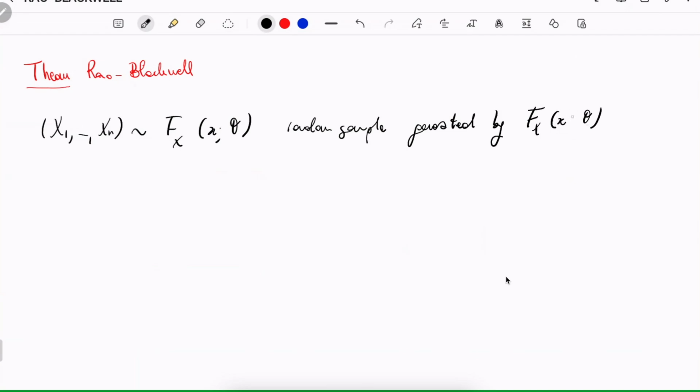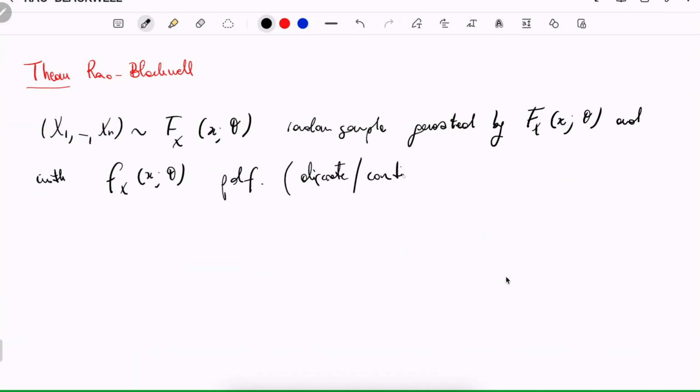CDF, and this time we're going to write it with the PDF, whether that is discrete or continuous, it doesn't matter. Obviously I'm emphasizing the fact that we are in a parametric setting.